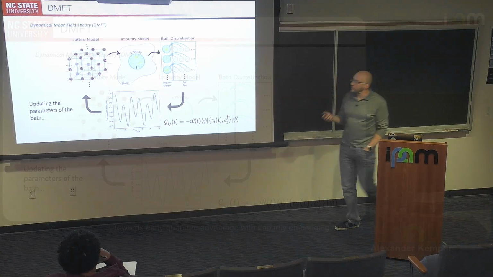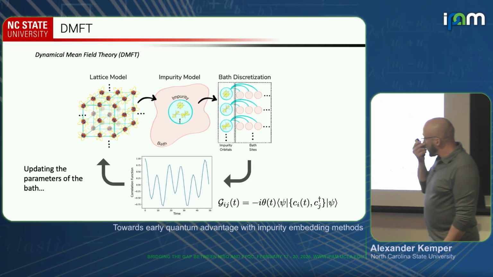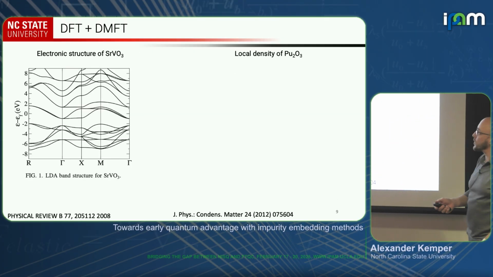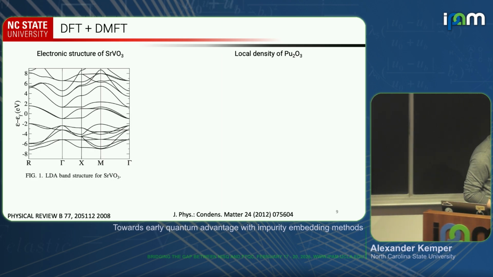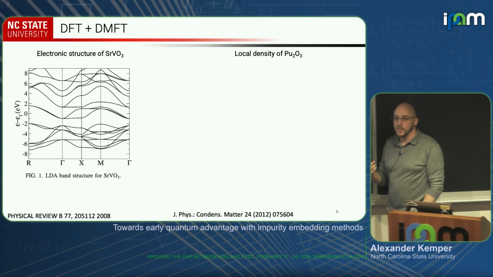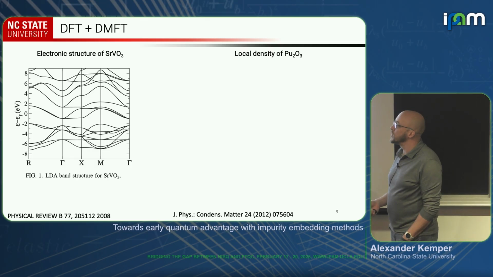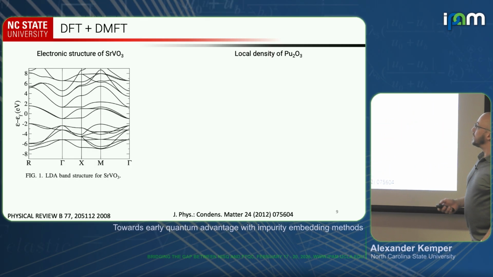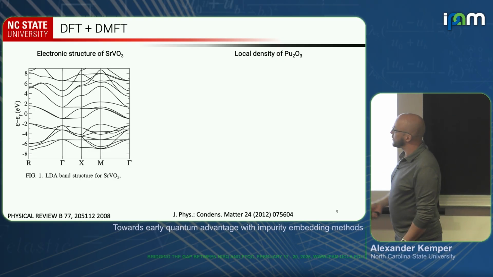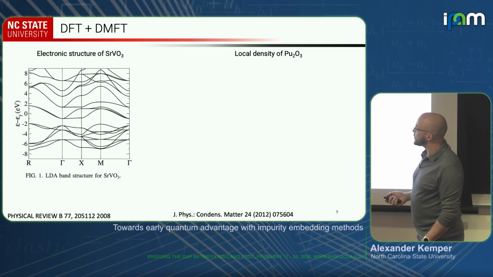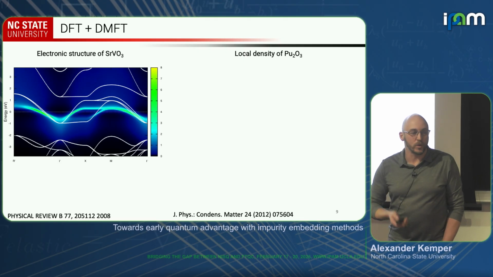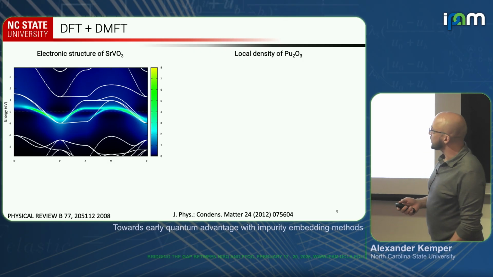Okay. What does this do for you? Well, one of the places this is used is not just in DMFT, but in something called DFT plus DMFT, where you bolt it on top of classical quantum chemistry methods to try and incorporate some of the interactions. What that does for you is it turns these spaghetti band structure plots into something much more exciting, where you can learn something about the line width.